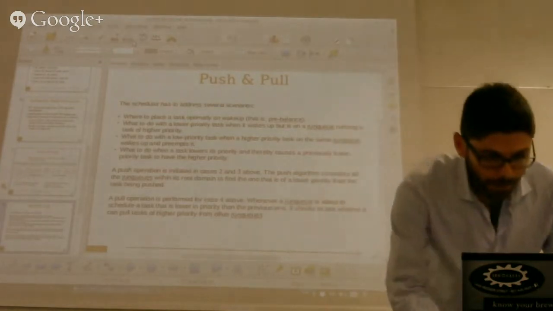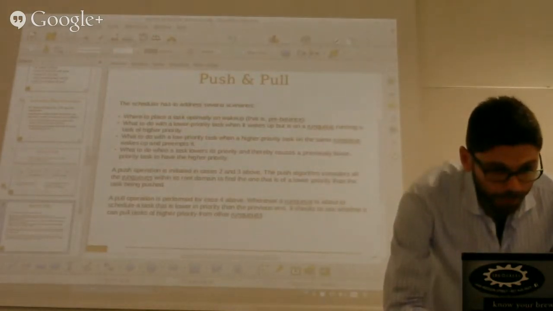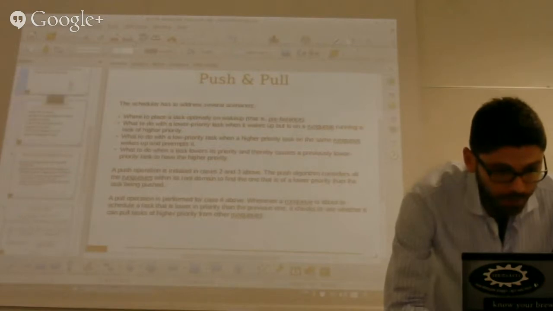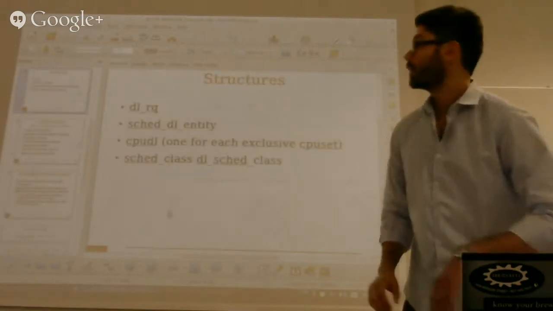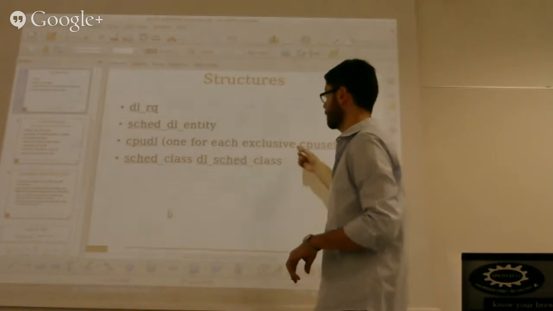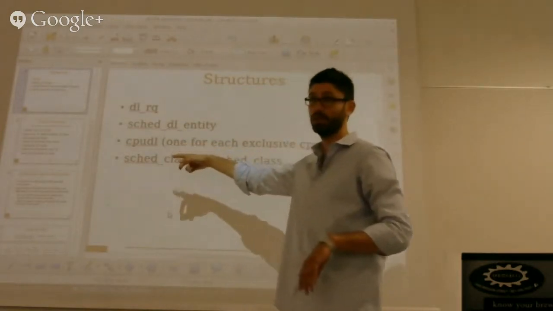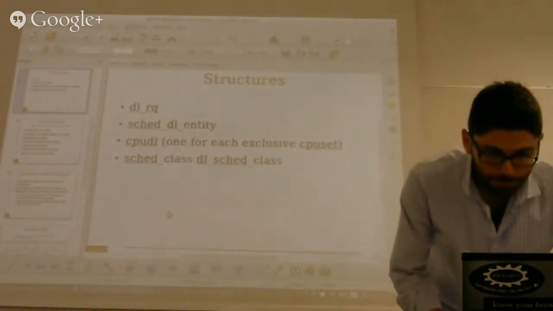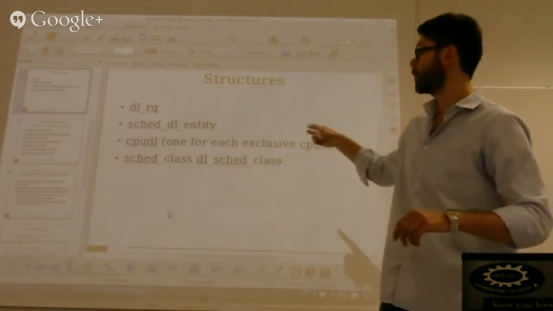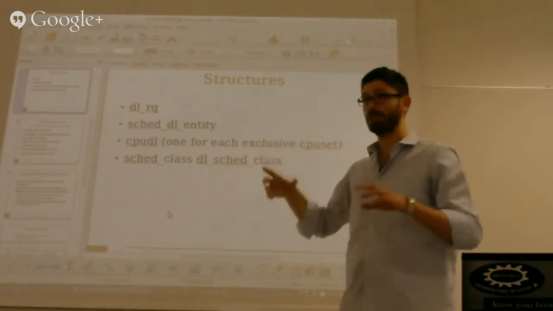So we added another structure that is simple. It is called CPU-BL, and there's one of these for every CPU set.